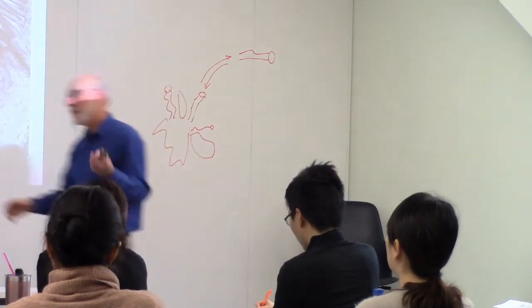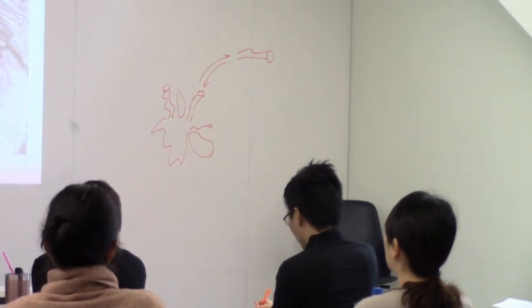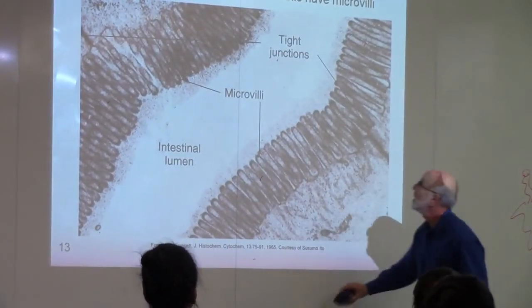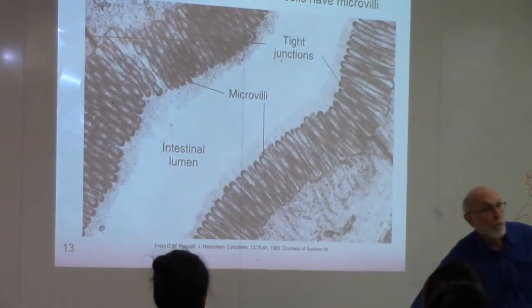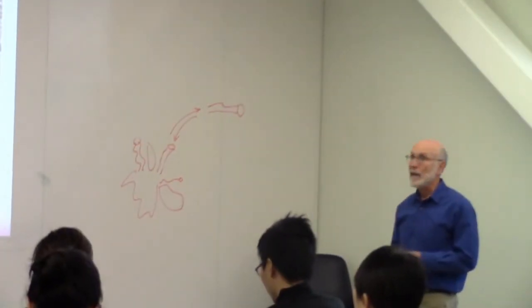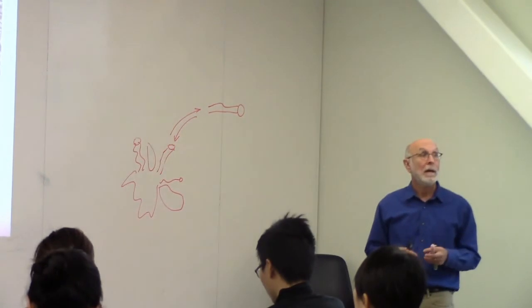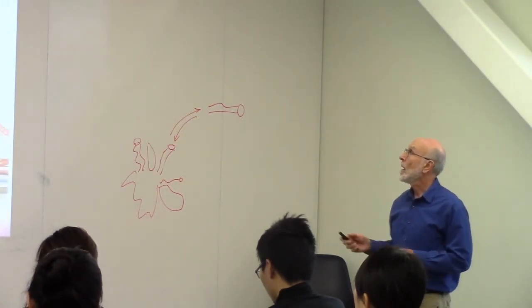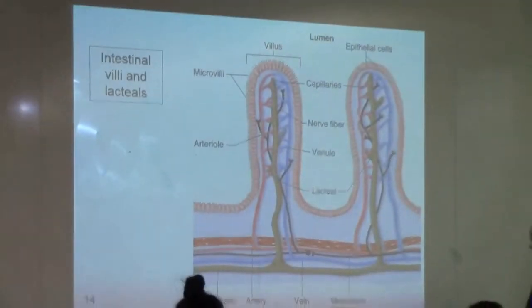Okay, so here's a slide that shows that the cartoon of the apical membrane in the intestine is not so far from reality. Highly folded into microvilli to increase the surface area of the small intestine. And we'll stop here and then take a break.